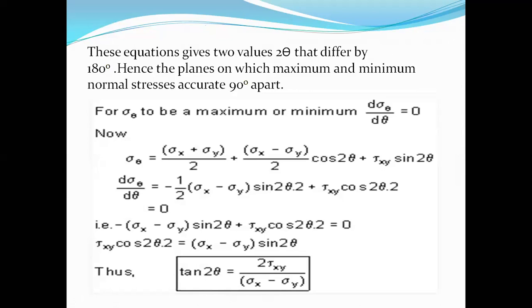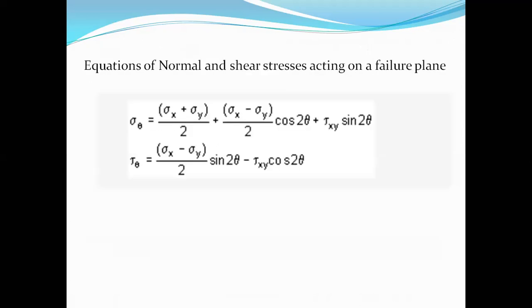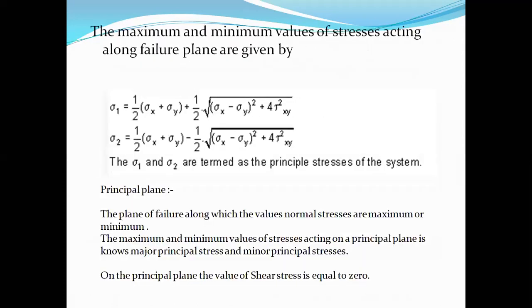We obtain that angle by differentiating the equation with respect to theta and equating to 0, and upon simplifying we get tan 2 theta equal to 2 tau xy by sigma x minus sigma y. From this we can find the angle made by the plane. Next, upon substituting this value of theta in the equation, we get either the maximum or minimum value. The maximum value sigma 1 is equal to sigma x plus sigma y by 2 plus 1 by 2 into the square root of sigma x minus sigma y whole square plus 4 tau xy square, and the minimum value has a minus.